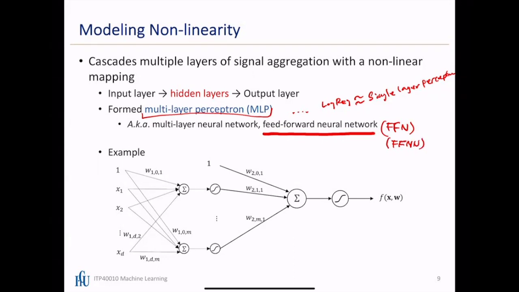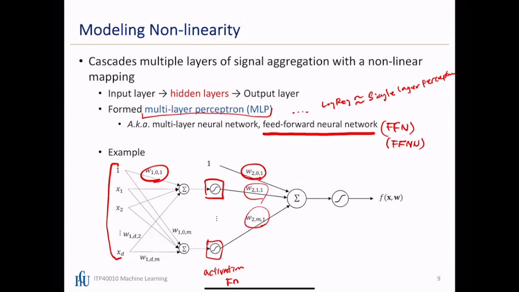So here is an example. You have the input variables, and they are aggregated using some weighted sum. Each of those weighted sums goes into an activation function. Then the outputs of the activation functions are again aggregated using a weight vector, and the activation from the second layer goes into the final decision.